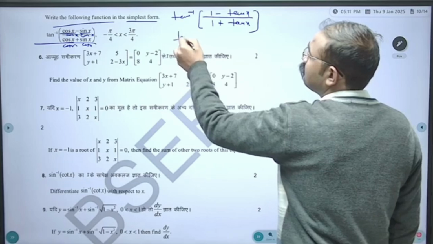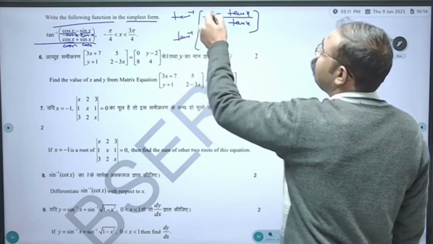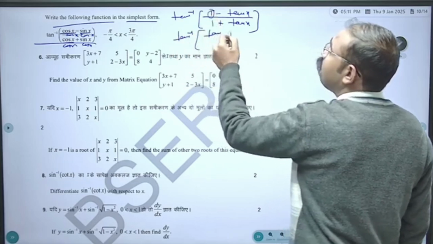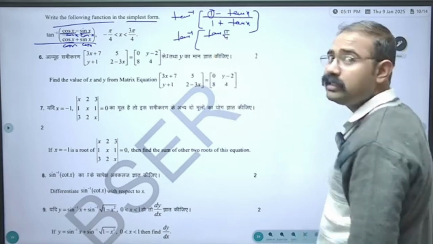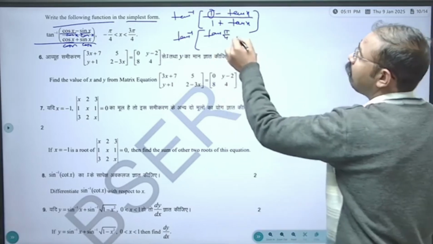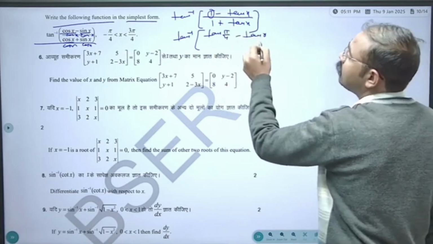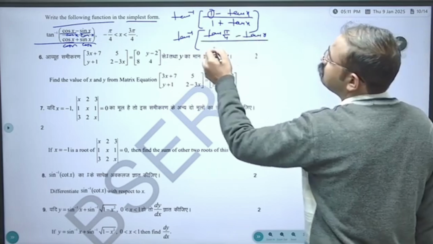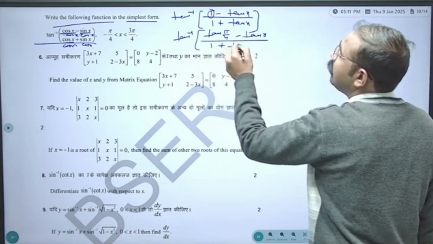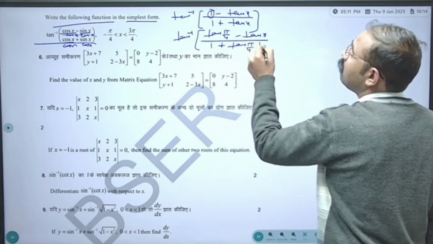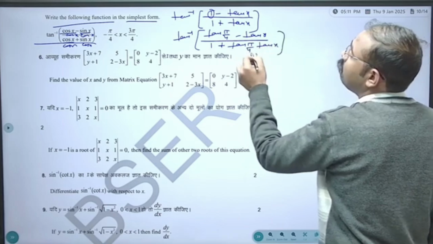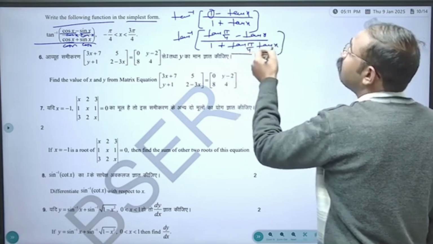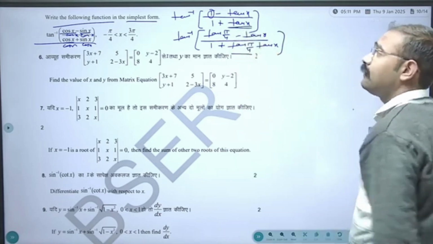And in place of 1 I can write tan pi by 4. Value of tan pi by 4 is 1, and pi by 4 minus tan x upon 1 plus tan pi by 4 tan x. Value of tan pi by 4 is 1 and 1 multiplied by tan x will be same as tan x.